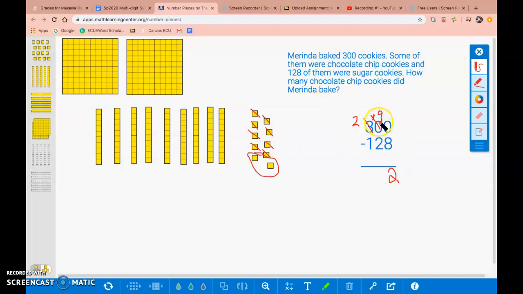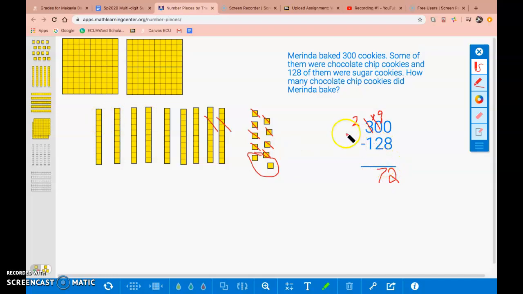Now moving back to our tens place, we see that we have 9 groups of 10, and we're taking away 2 groups of 10 from the 9. So we'll go ahead and cross out our 2 groups of 10, leaving us with 1, 2, 3, 4, 5, 6, 7 groups of 10 in our tens place.